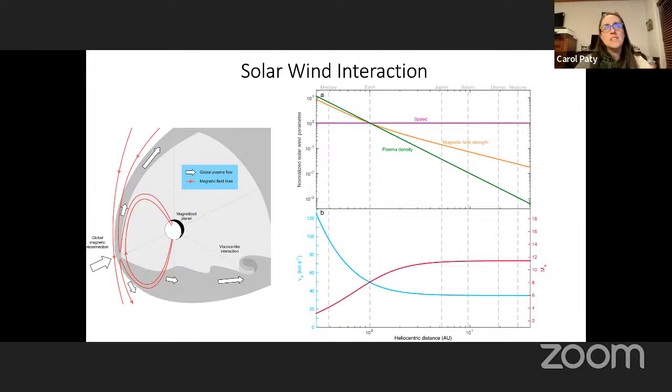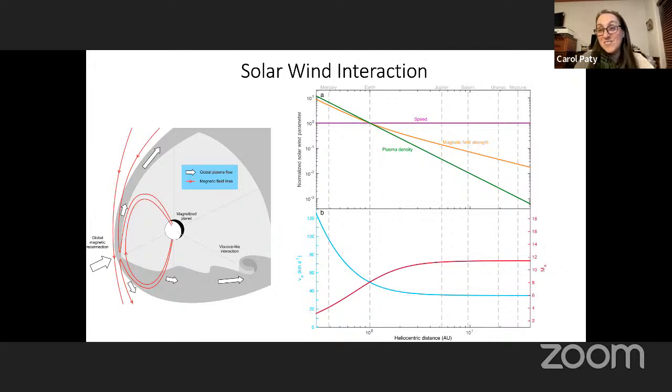So from a dynamic perspective, can we use information like the characteristics of the flow, thinking back to our magnetohydrodynamics or fluid dynamics theoretical framework, do we have a way of estimating where the transition occurs between global magnetic reconnection and Kelvin-Helmholtz instabilities, a dynamic explosive interaction versus a more viscous shear interaction, to translate energy across that boundary?